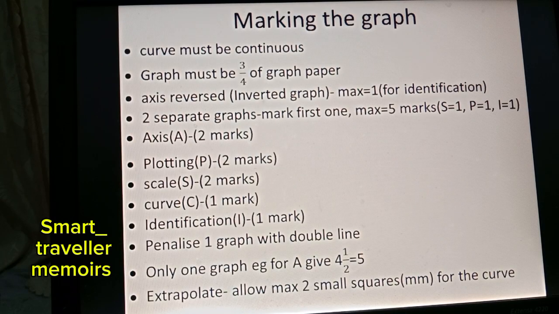Marking of the graph. The curve must be continuous. Graph must be 3/4 of graph paper. Axis reversed or inverted graph, maximum is 1 mark for identification only. 2 separate graphs, mark the first one, maximum 5.